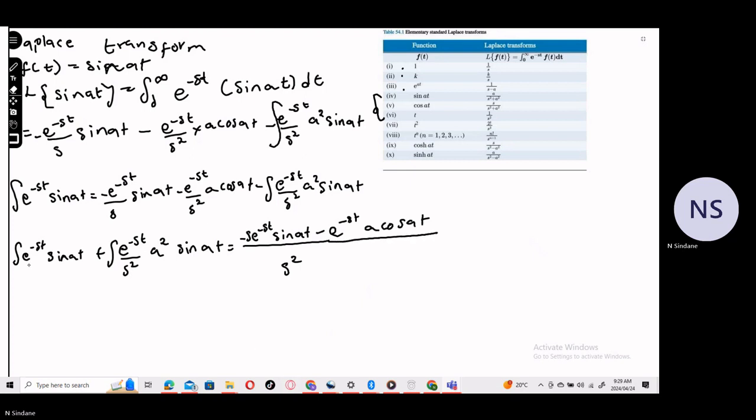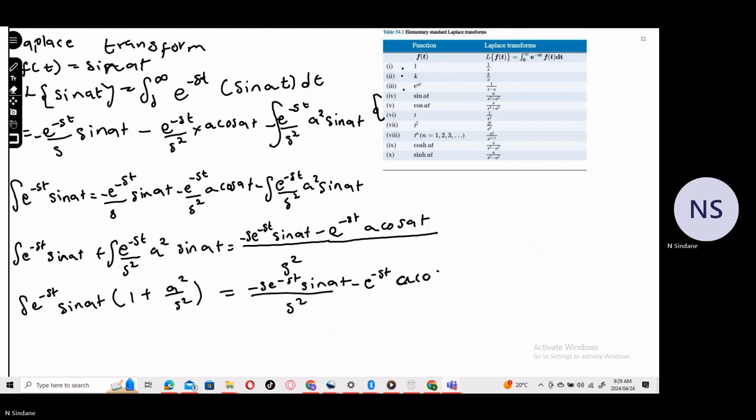Then I can take out a common factor, which is the integral of e to the power minus st sine of at. In bracket, I'm going to have 1 plus, here I'm going to be left with a squared over s squared, being equal to over s squared negative s e to the power negative st sine of at minus e to the power negative st a cos of at.